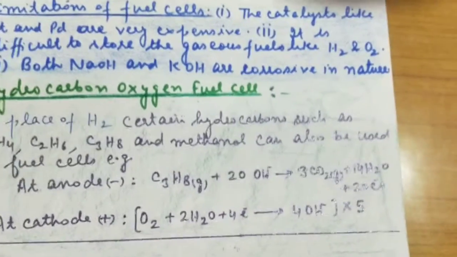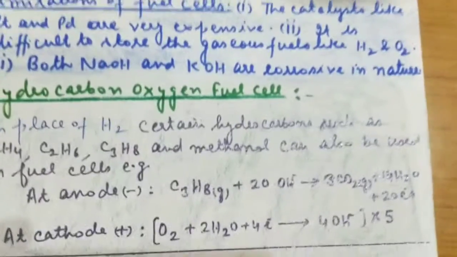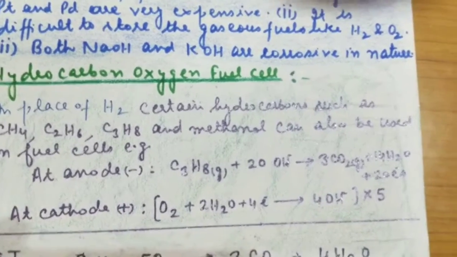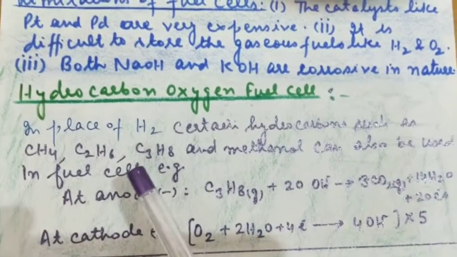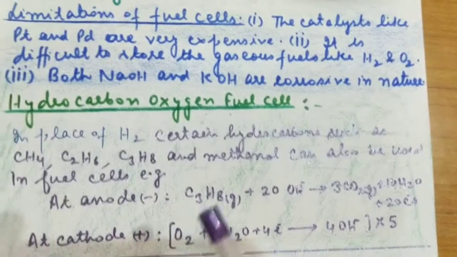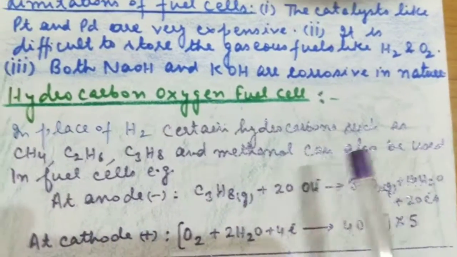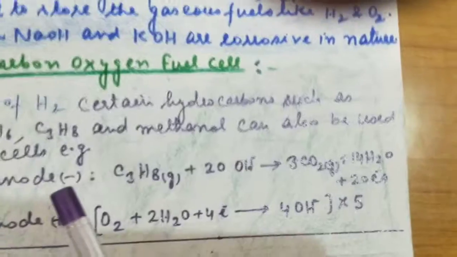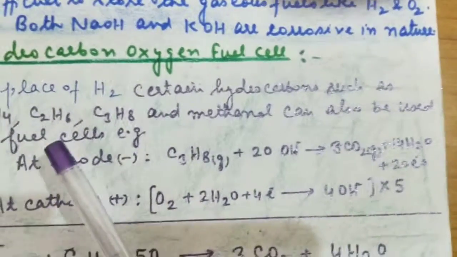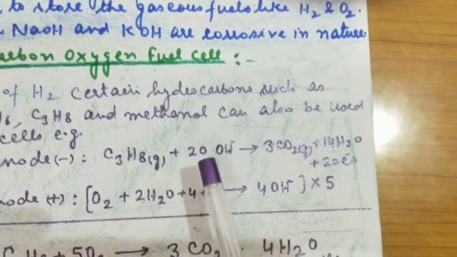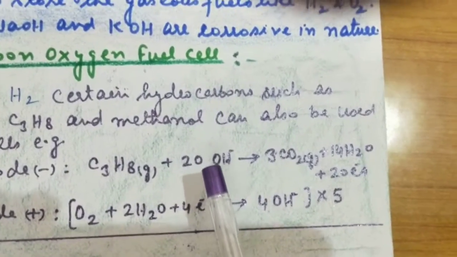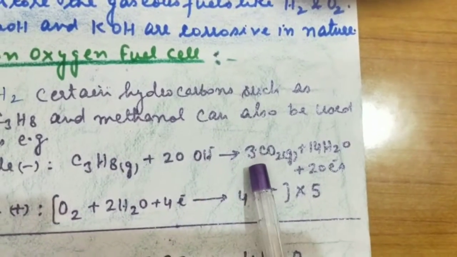Another question arises: can we use only hydrogen in the fuel cells? In place of hydrogen, we can use methane, ethane, propane, butane, or methanol as a fuel. When combustion of such a hydrocarbon takes place, propane reacting with hydroxide ions produces CO2 and water.